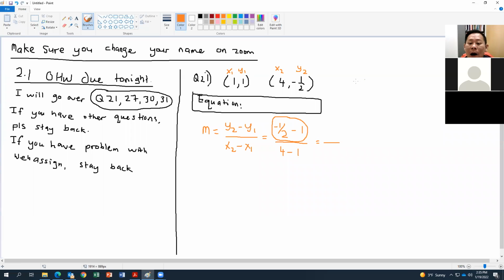Now, some of your calculators have the symbol ABC. Some of you have a fraction symbol, exactly like a fraction. There are different types of calculators, right? The ABC symbol means fractions.